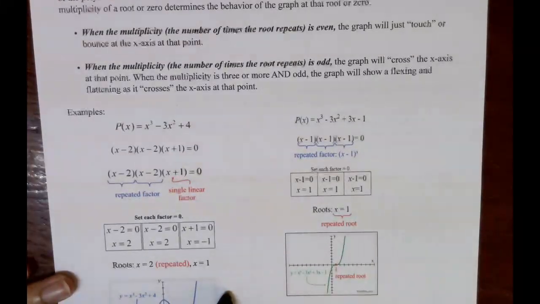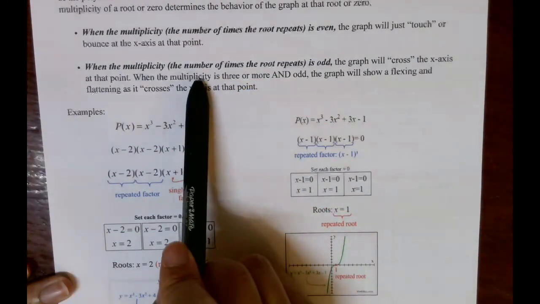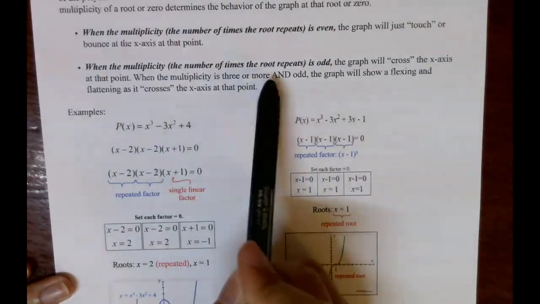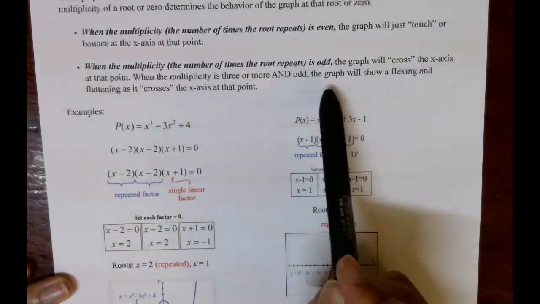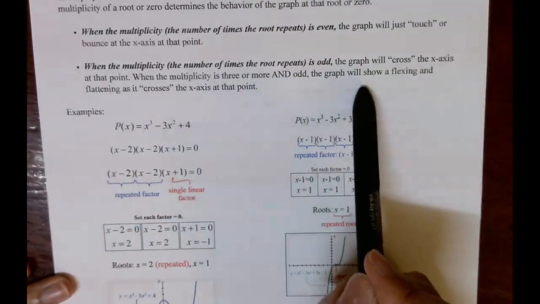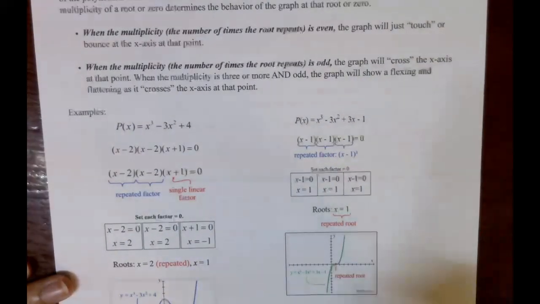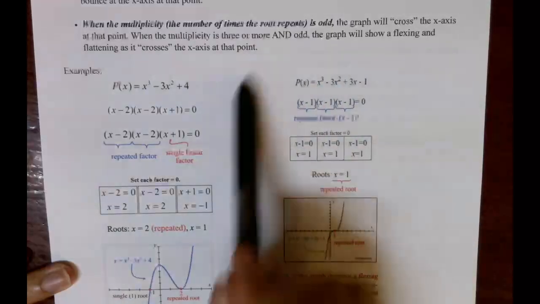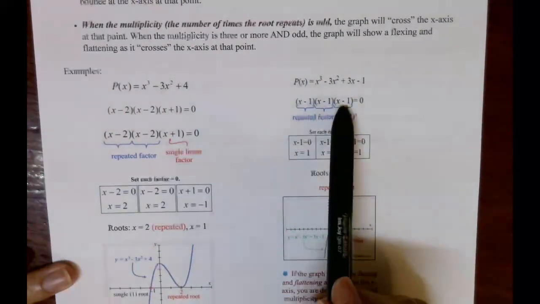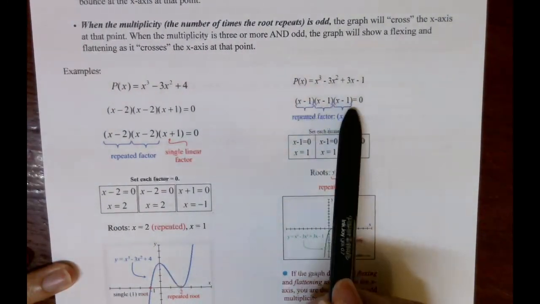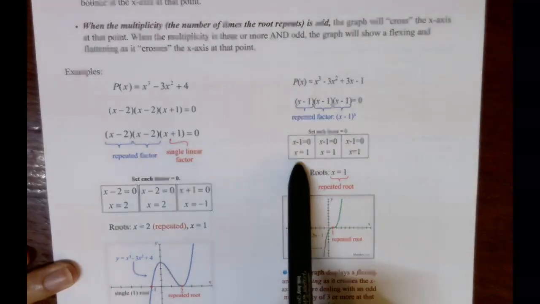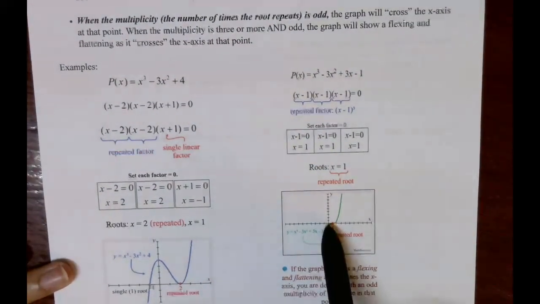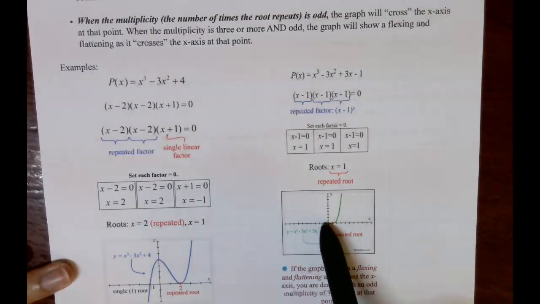Okay? In addition to that, if the multiplicity is 3 or more and it's odd, so 3, 5, 7, etc., then the graph will show a flexing and a flattening as it crosses that point, right? So here with this polynomial, we see that x minus 1 is a factor 3 times, and so x equals 1 as a root happens 3 times, and so at 1, you can see it kind of flattens out.